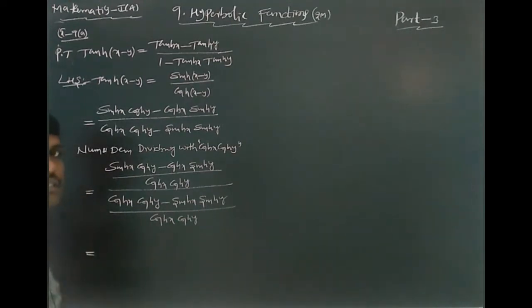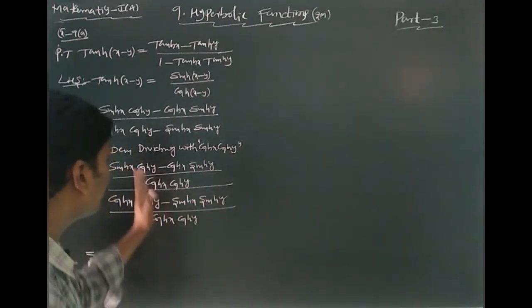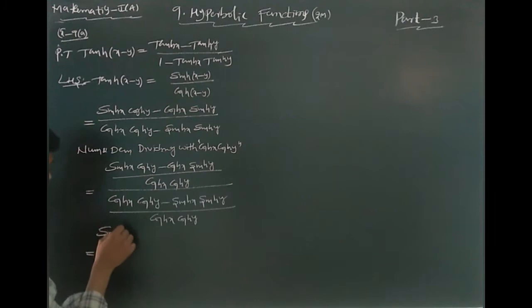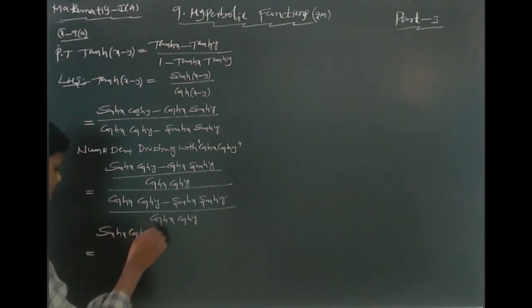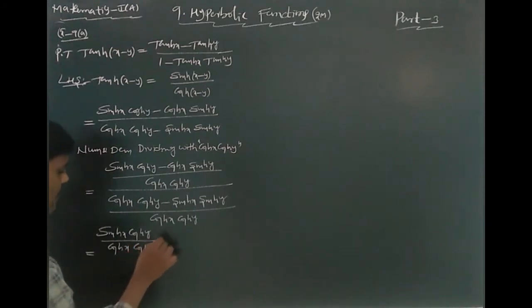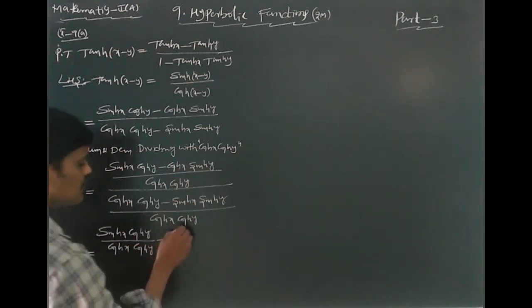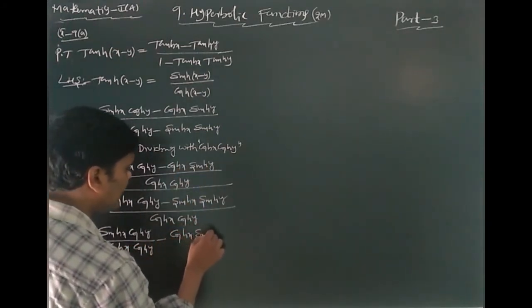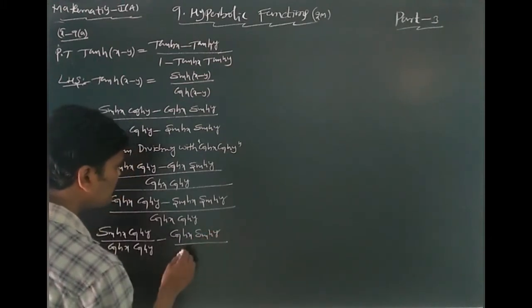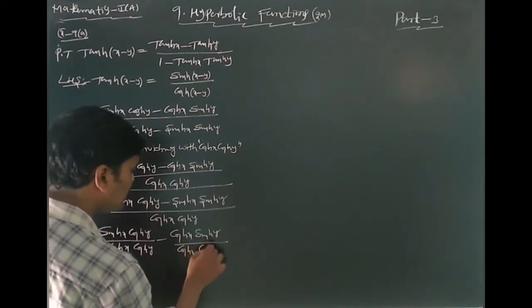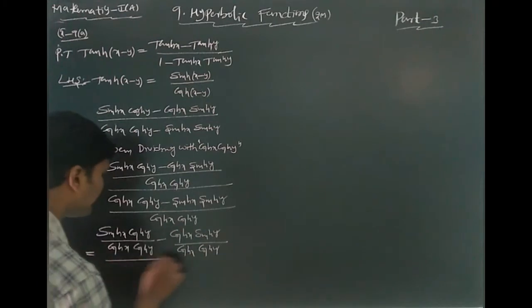After that, you can write the separated numerator: sinh x into cosh y by cosh x into cosh y minus cosh x into sinh y by cosh x into cosh y. Numerator completed.